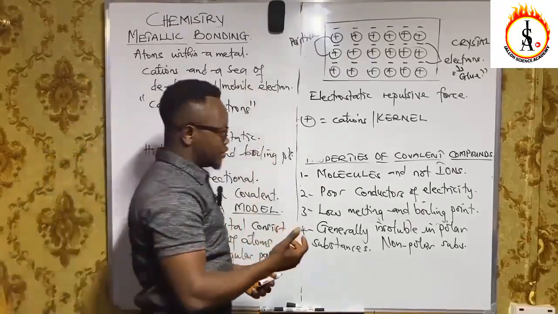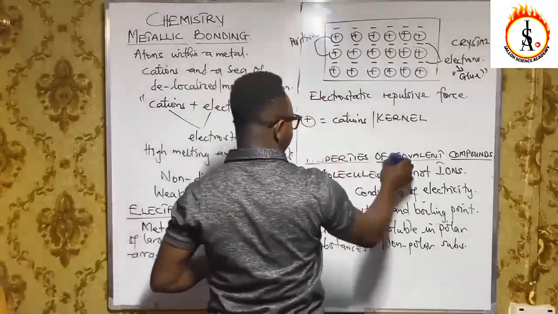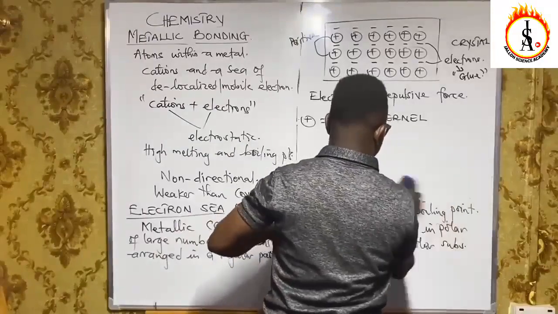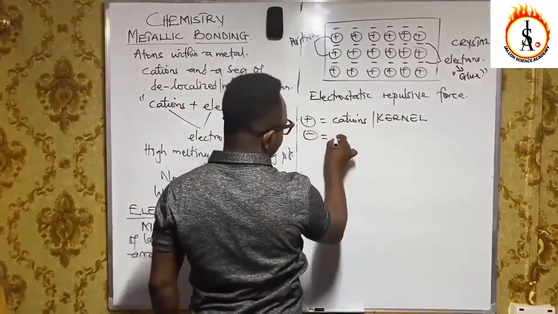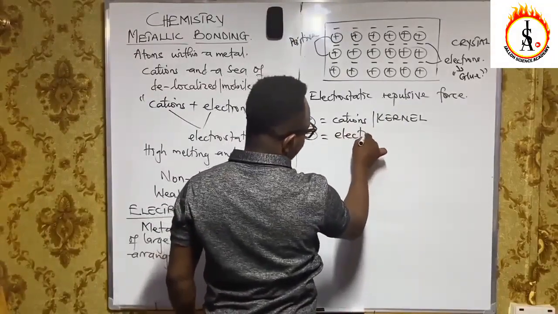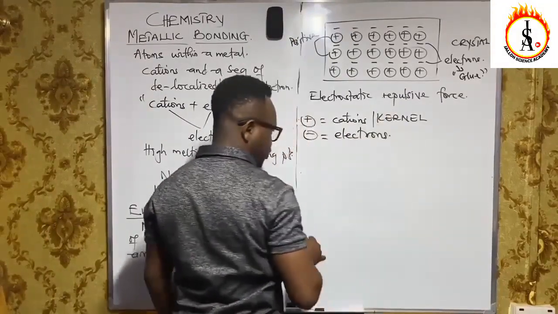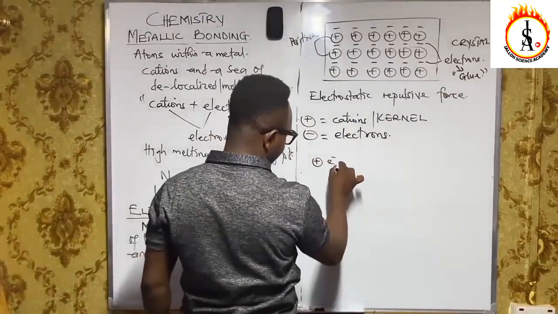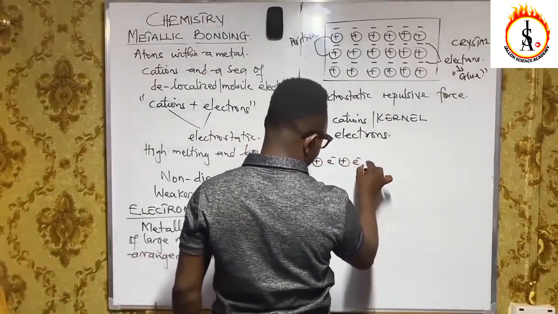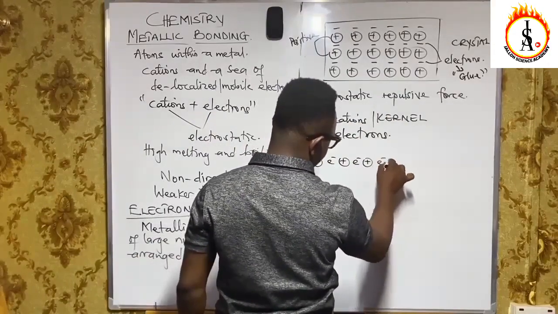Okay, so we can represent it in a nicer way like this. The negative charge here represents the electrons. So you have a positive charge here, an electron here, a positive charge, an electron, positive.